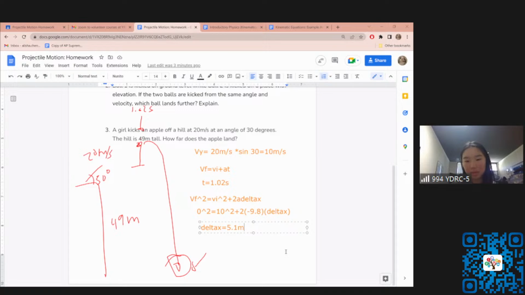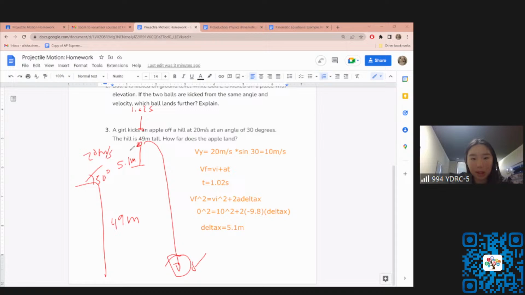That's right, I think. So this height here is 5.1 meters.